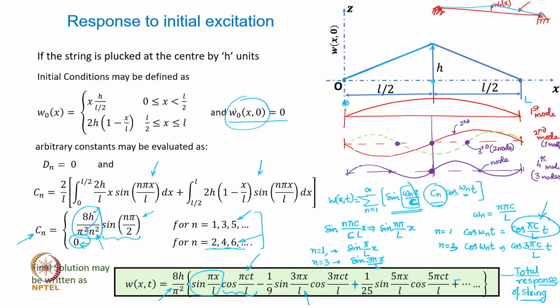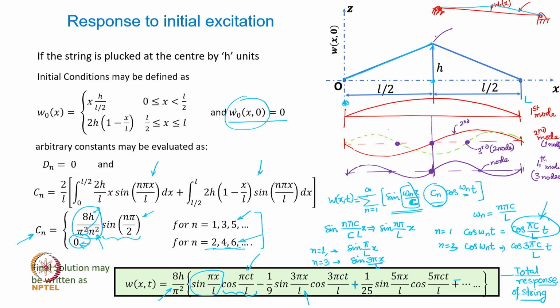So at all times, the central position of the string has zero displacement in the second, fourth, and you can show that the same holds for the sixth mode. Which actually means that all the even modes need the response to be 0 at L by 2.